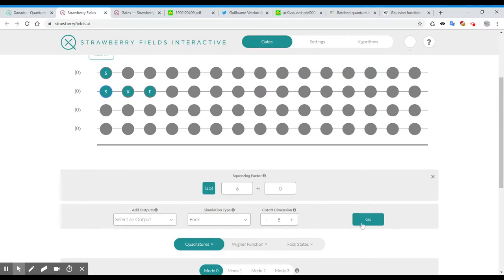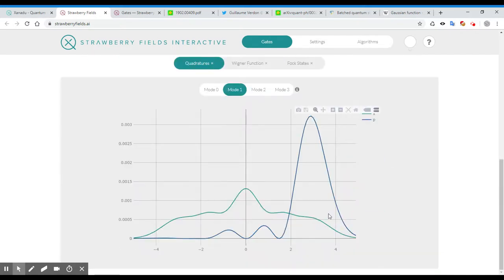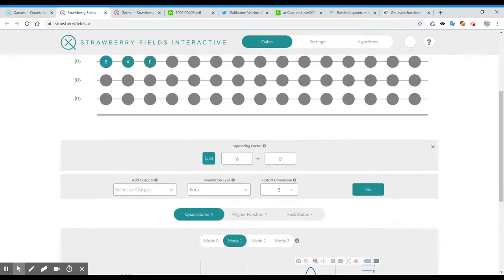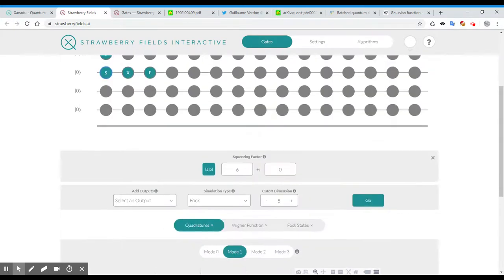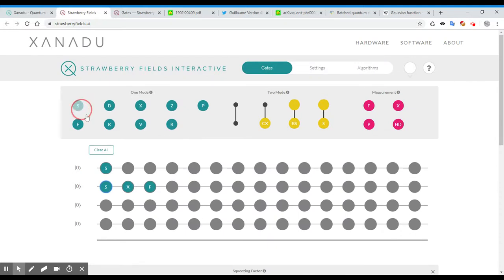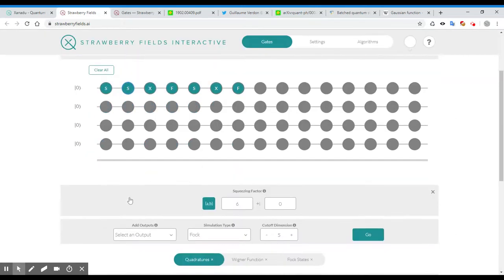So if I do this, what happens in Q mode 2 and Q mode 1? It seems like it flips. What if I keep doing squeeze X F? That's what I imagine this could look like, right? Squeeze F X, squeeze X F. So you would have these.